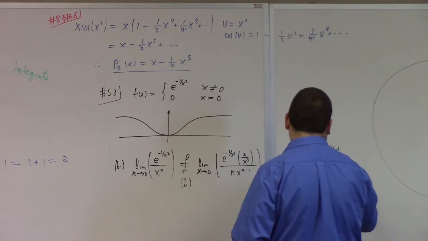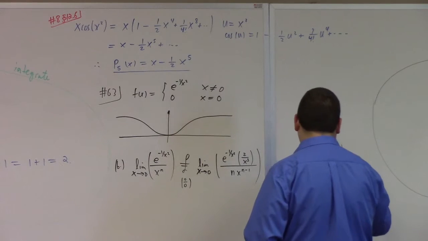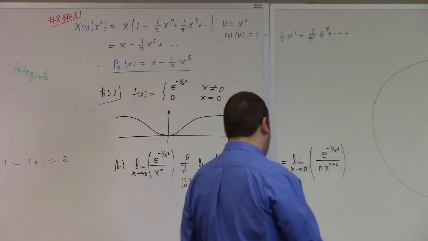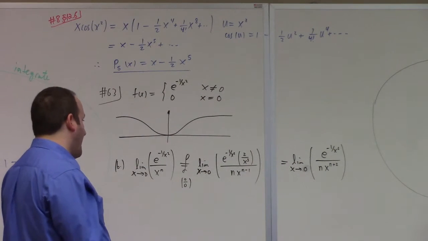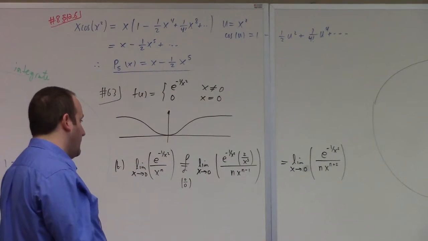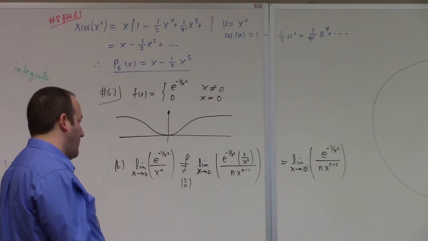N plus 2? Okay. That doesn't really get you anywhere, does it? Because the power just keeps increasing. So we're trying to get the power to decrease.